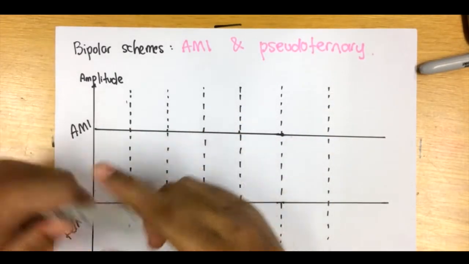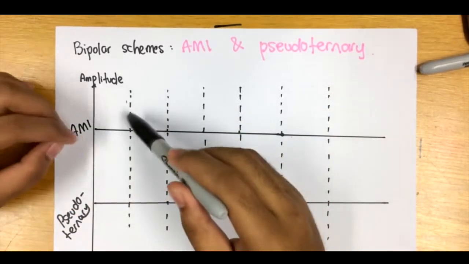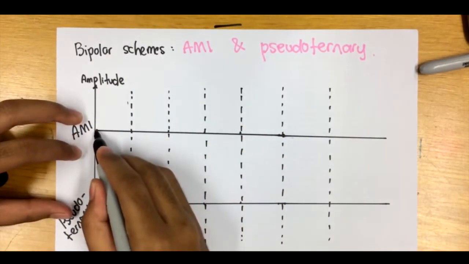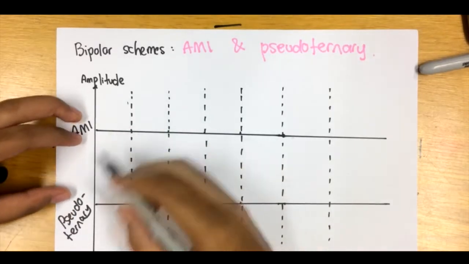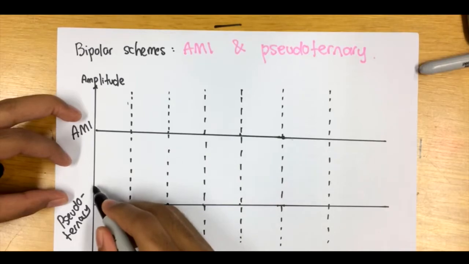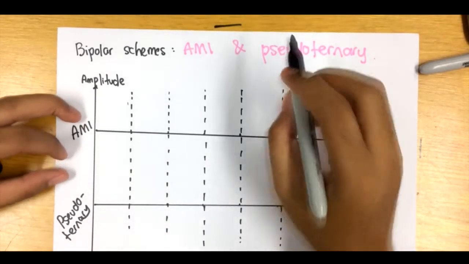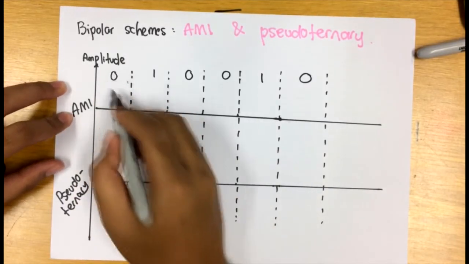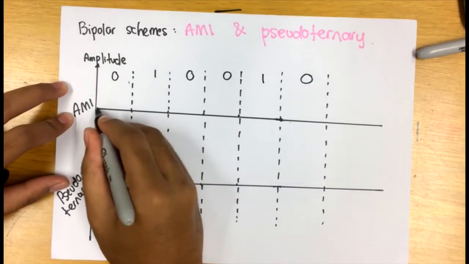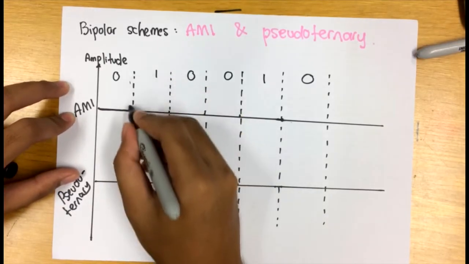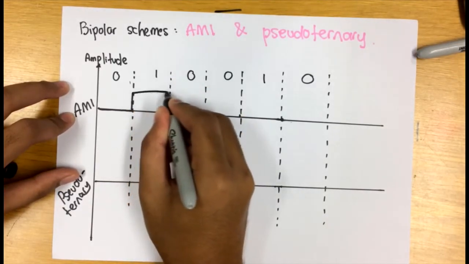Okay, so for the AMI, the bit of 0 will always be at 0 voltage, while for the pseudo-ternary, the bit of 0 will be either positive or negative. Let's see. For the AMI, the first bit is 0, so it will be at 0 voltage, and then the first 1 will be positive.